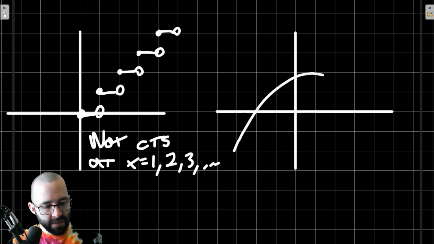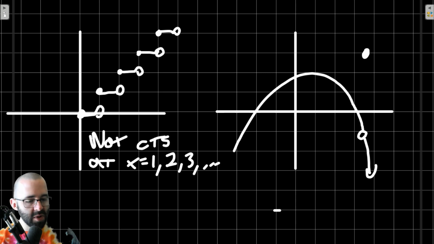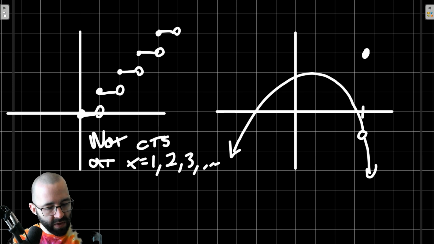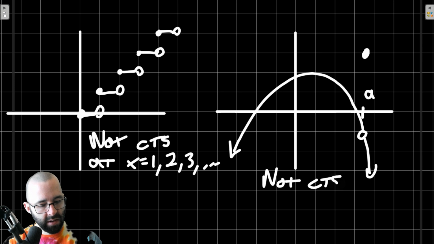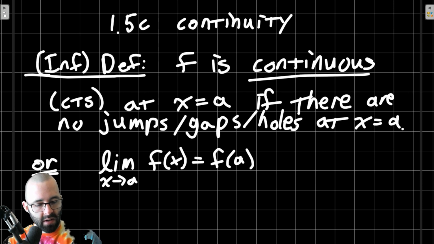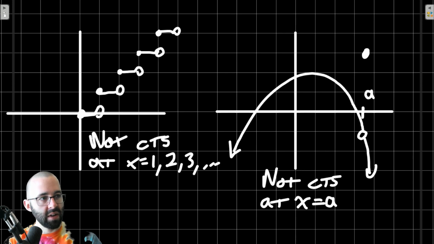And then the last example I want to give you is something like this. Again, this is almost continuous everywhere, but at this x coordinate right here, it's not continuous. One of the definitions we had for continuity, let's go back to it: does the limit at the point equal the function value at that point?